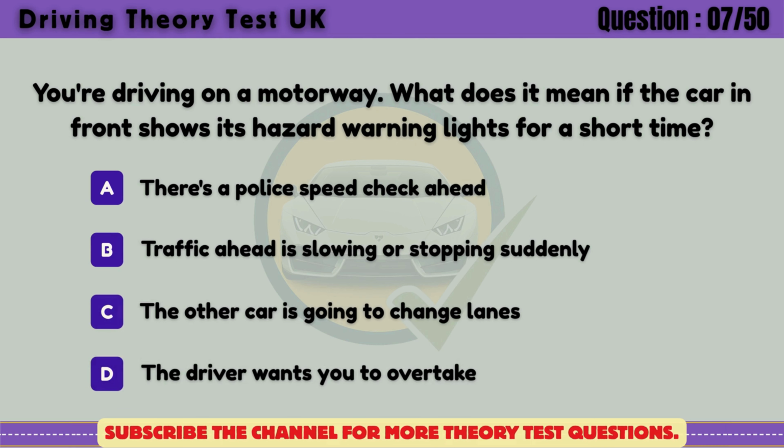Question 7. You're driving on a motorway. What does it mean if the car in front shows its hazard warning lights for a short time? Option A. There's a police speed check ahead. B. Traffic ahead is slowing or stopping suddenly. C. The other car is going to change lanes. D. The driver wants you to overtake.